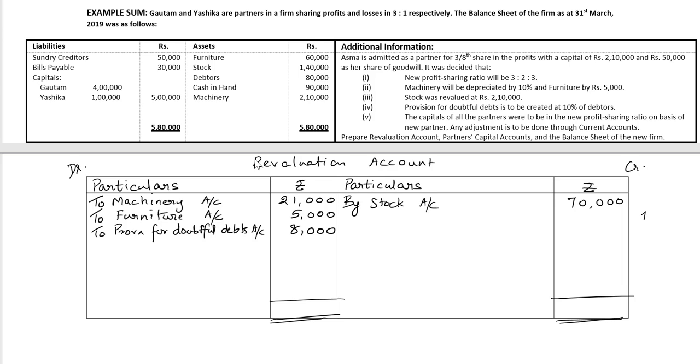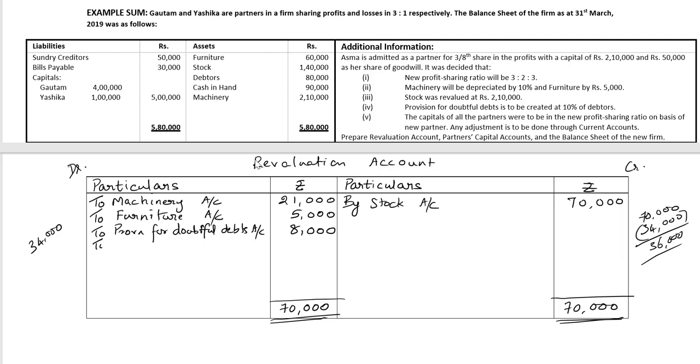The credit side totals to 70,000 rupees. Total of the debit side is 34,000 rupees. Greater total on both sides. There's a gain. On deducting 34,000 from 70,000, we get a gain of 36,000 rupees.